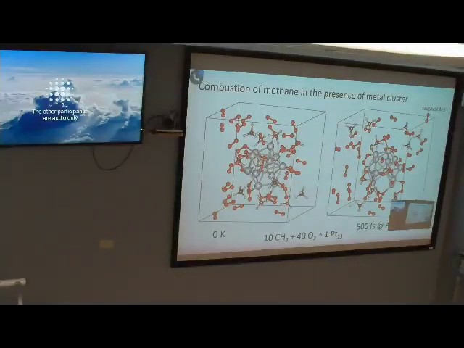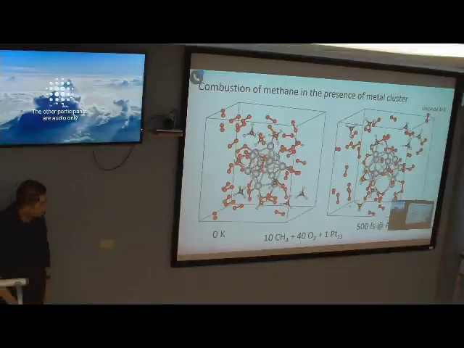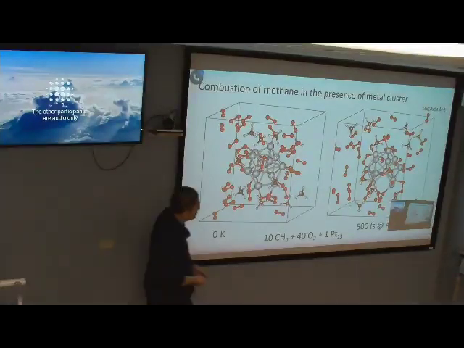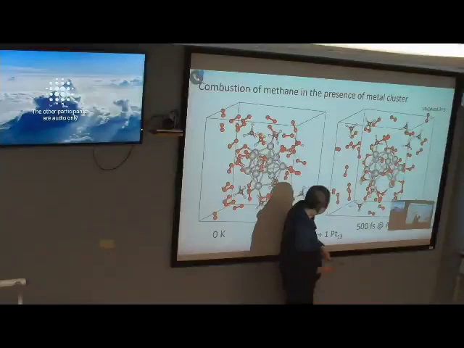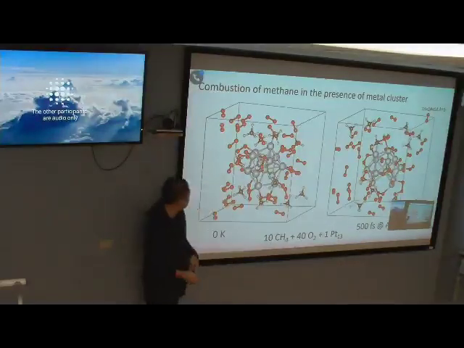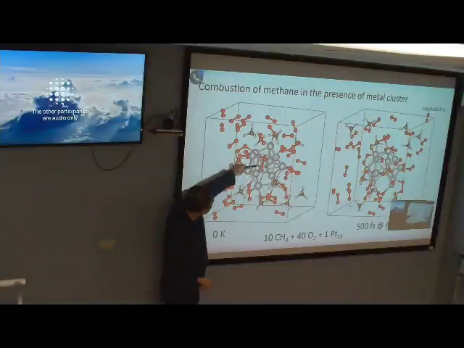There is even an exotic shape, in the first panel at zero Kelvin, right in the center of the metal cluster, where one oxygen atom is connected to two platinum atoms. Yes, this one.